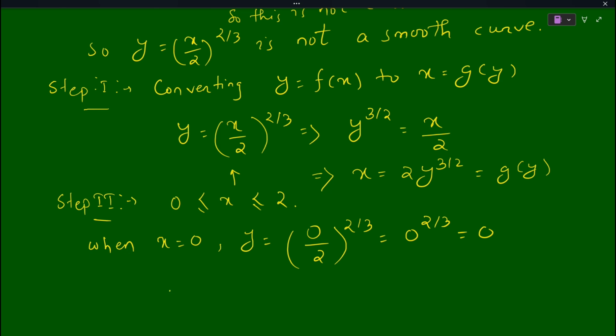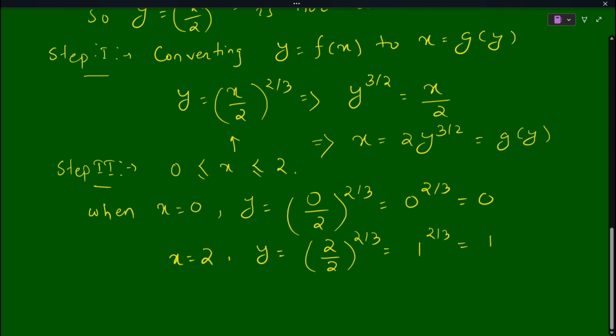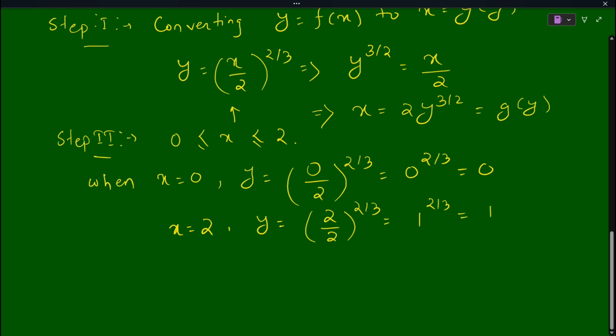Then the y value will be (2 by 2) whole to the power 2 by 3, that is 1 to the power 2 by 3, which is 1. So now we have the limits of y according to x, which is 0 less than or equal to y less than or equal to 1.